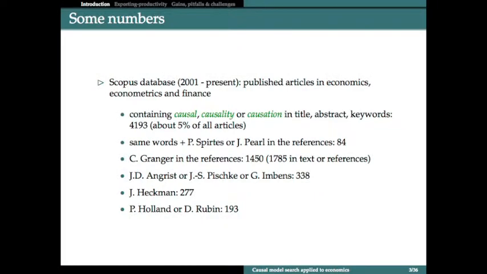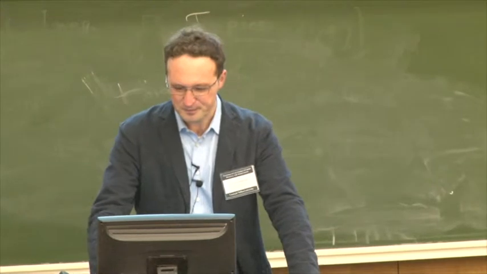So let me substantiate this remark a little bit. I checked a bibliographic database, the Scopus database, and looked at published articles in economics, econometrics and finance between 21 and now. This is not a rigorous bibliometric exercise.